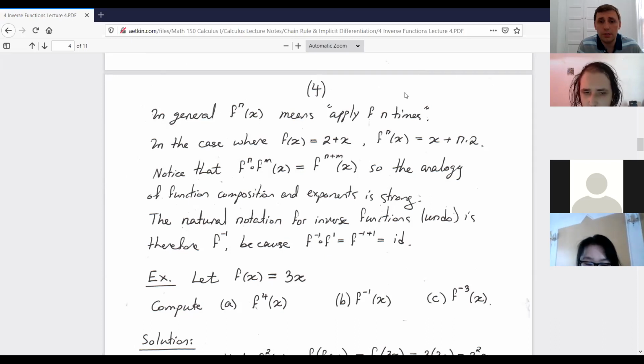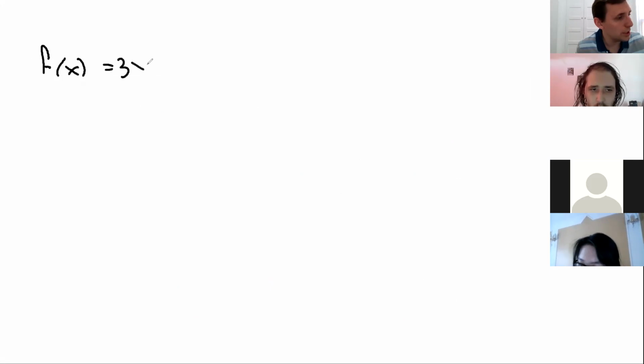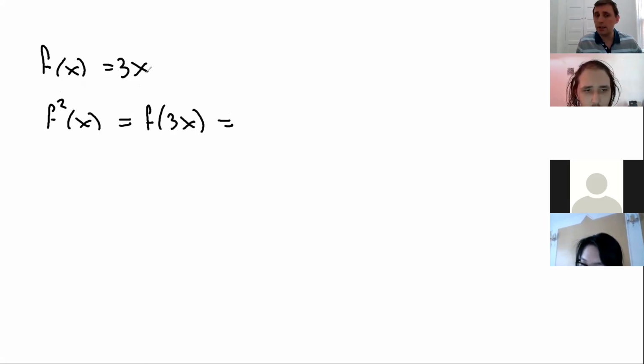We're gonna do it. Let's see what we get. So let's see. We have the function f of x equal to 3x, yes? So what is f2 of x? Let's just see that. This is f applied to 3x. Do you agree? And what is it telling us to do? Multiply by 3.